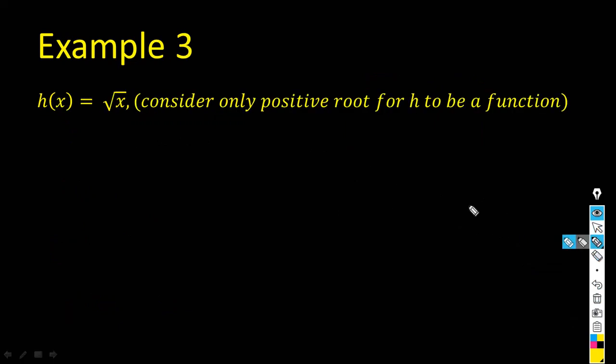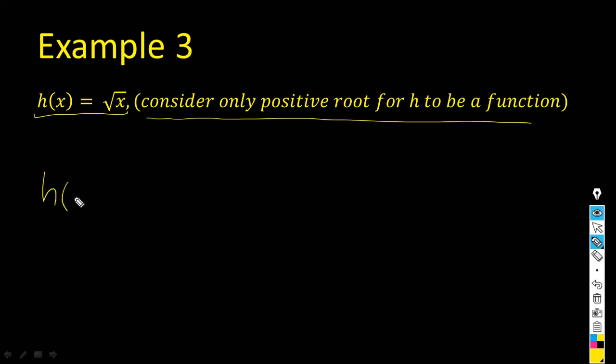Example 3. The function h of x equals the square root of x. And pay attention to this caveat. Consider only the positive root for h to be a function, because remember, if you look at this, you may say, let me evaluate h in 4, and that's going to be equal to the square root of 4.